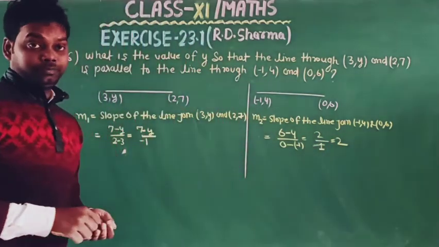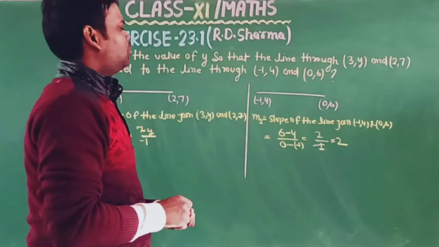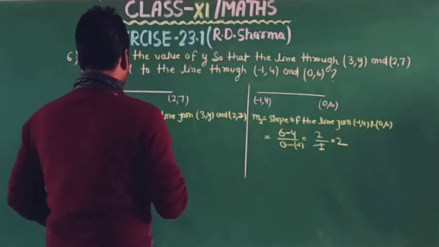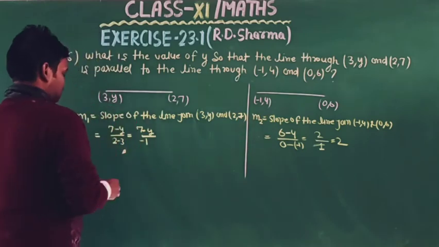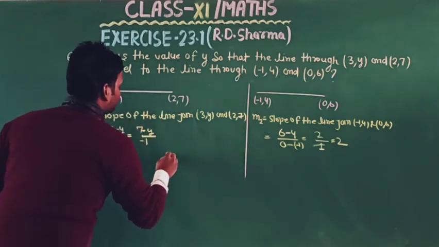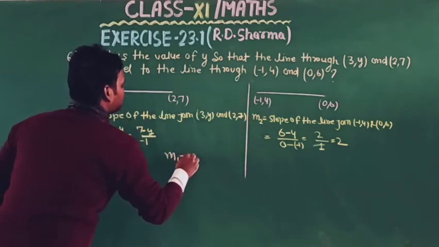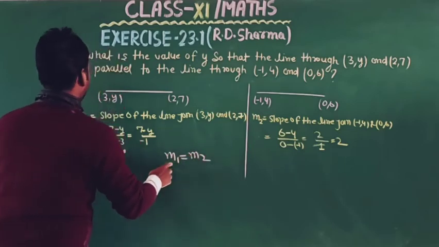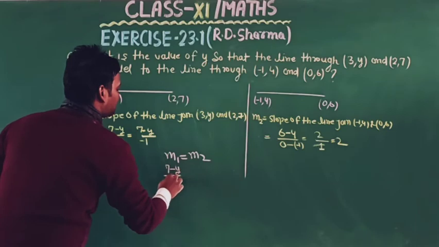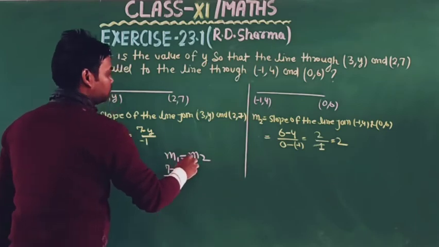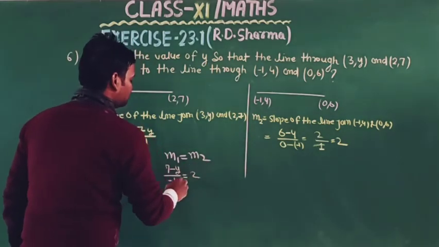Two lines are parallel when their slopes are equal, so we equate the two slopes, m1 equal to m2. The value of m1 is (7 minus y) upon -1, equal to 2.